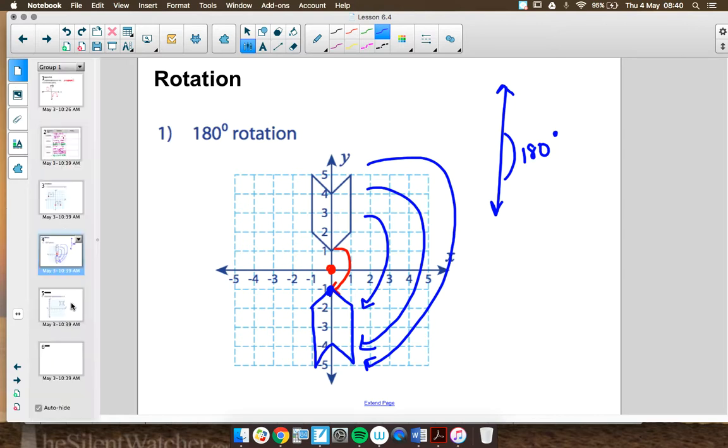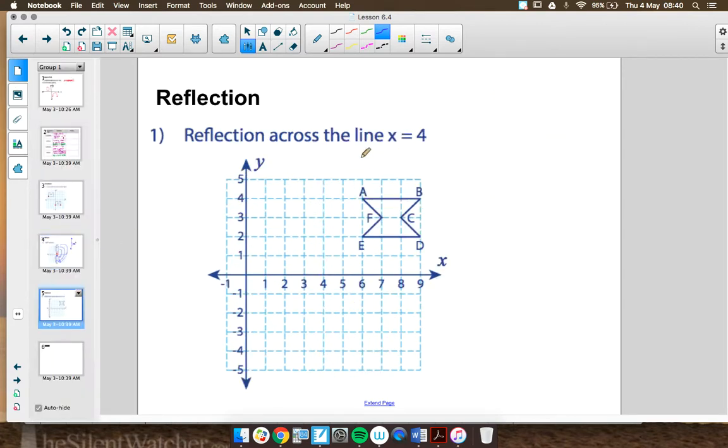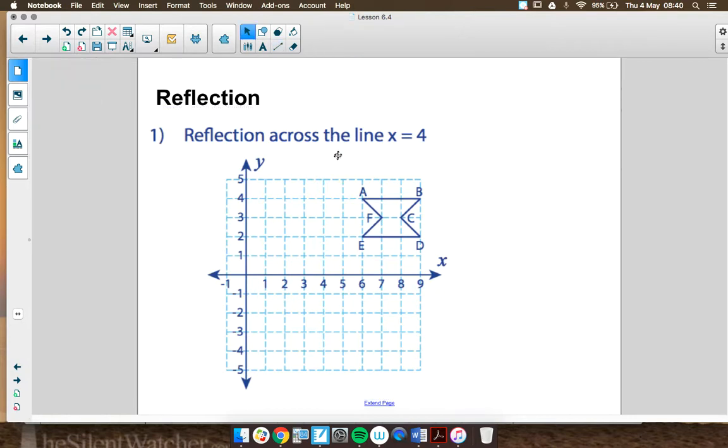And then the last one I want to walk you through is just a reflection. So a reflection across the line x equals 4. Well, first we need to actually draw the line x equals 4. Okay, so x equals 4 is right here. Right? And so this is just a mirror image drawn.